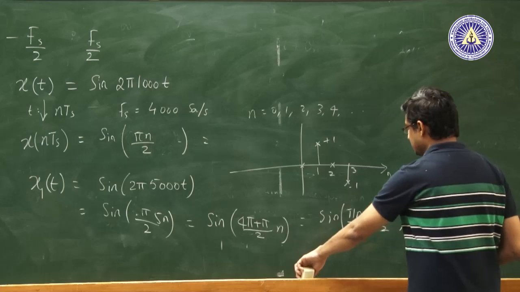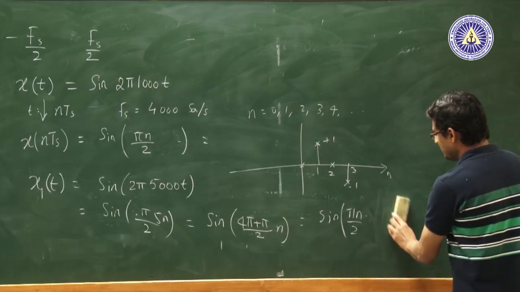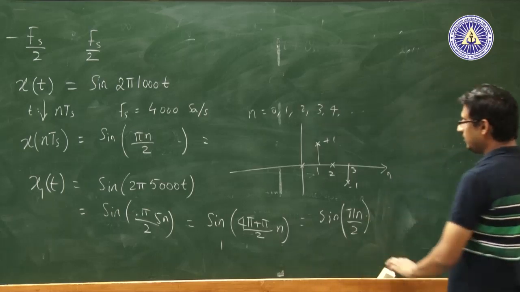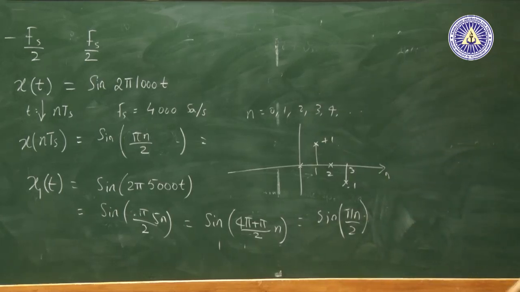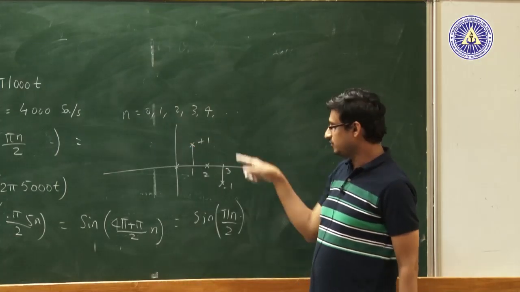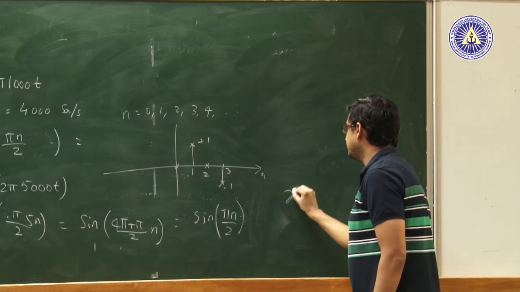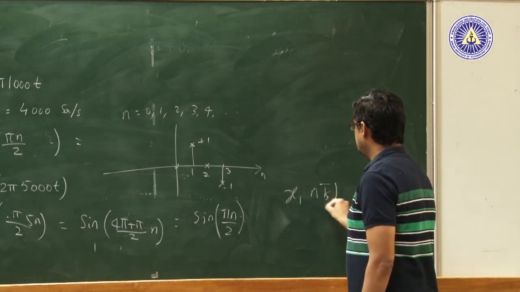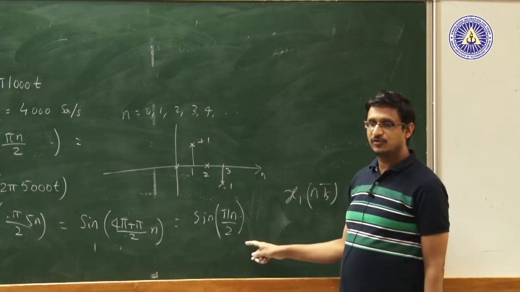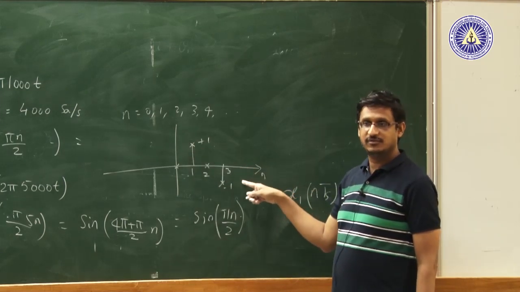So, when I add 2 pi to the original signal, nothing really happens. So, it does not really matter. I got pi n by 2, right. If I generate n equal to 0, 1, 2, 3 for these values, if I generate the samples of x1 signal, that is x1 of nTs, right, where will these sample values go? The sample values will go sit right on these ones, right.